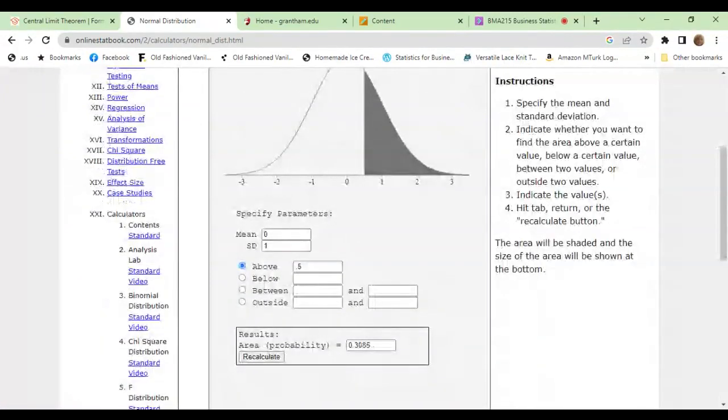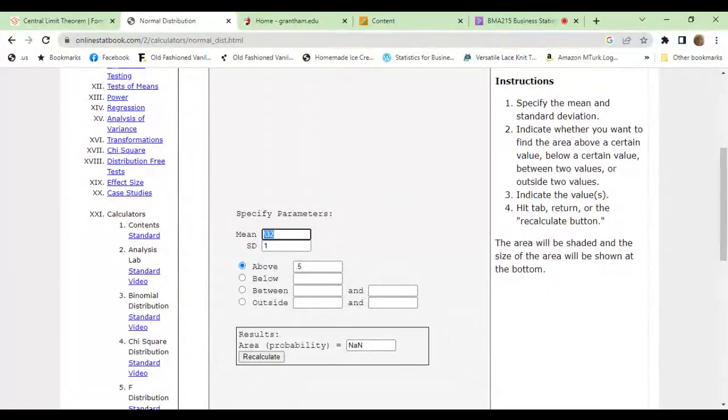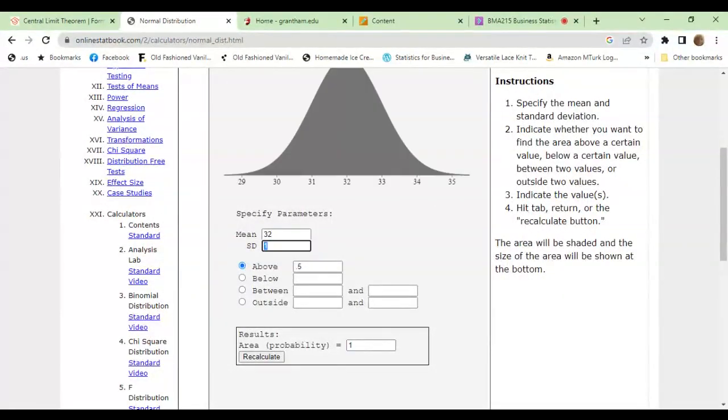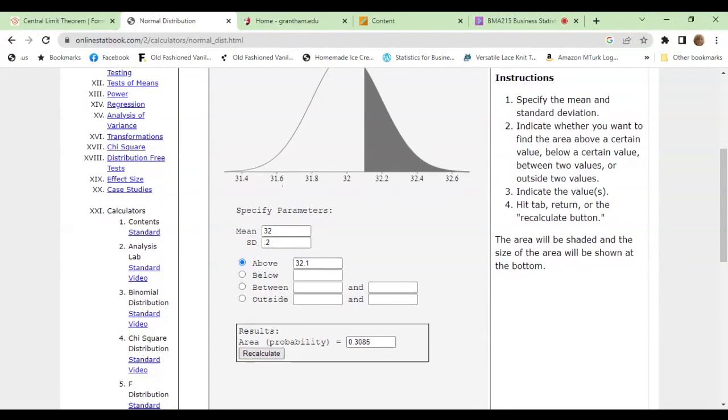But you don't have to do that. You could just say the mean, we know is 32. The standard deviation is 0.2, and immediately you could just say, what are the chances it's above 32.1? That is a quick way to do that, and there's nothing wrong with doing it that way.